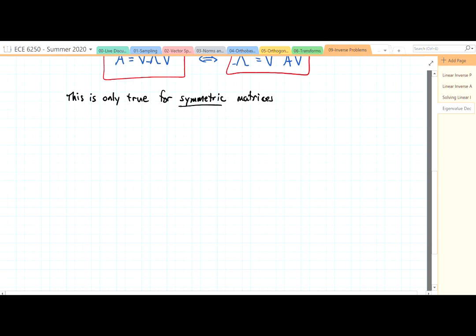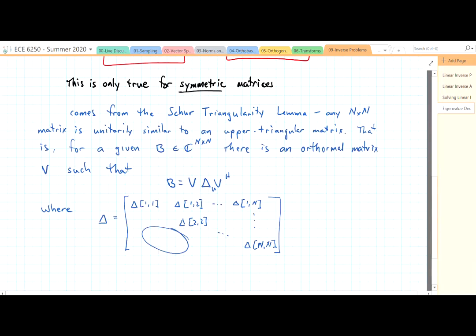So this comes from the Schur triangularity lemma, which is that any n by n matrix is unitarily similar to an upper triangular matrix. In fact, let me pause this and I'll just put the text here for you. Okay, so here's the basic Schur triangularity lemma.